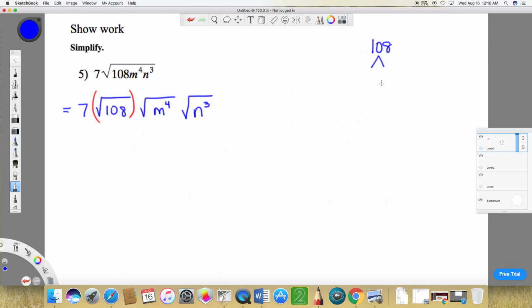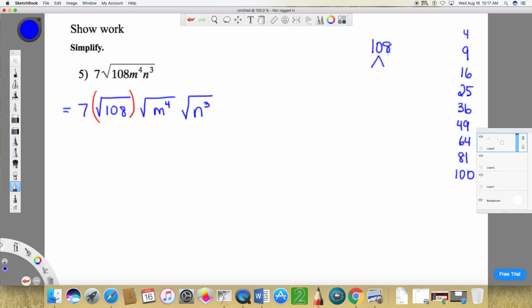If you have a calculator, I would divide it by the perfect squares and try to find the biggest one. 2 squared is 4, 3 squared is 9, 4 squared is 16, 5 squared is 25, 6 squared is 36, 7 squared is 49, 8 squared is 64, 9 squared is 81, and 10 squared is 100. Since we're so close to 108, that's definitely big enough.